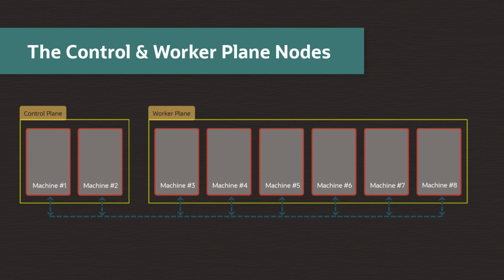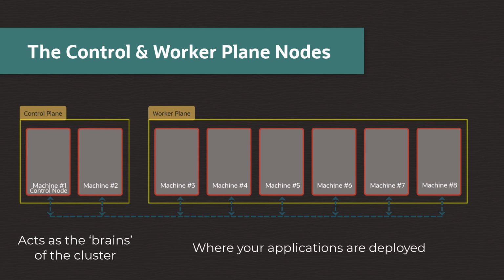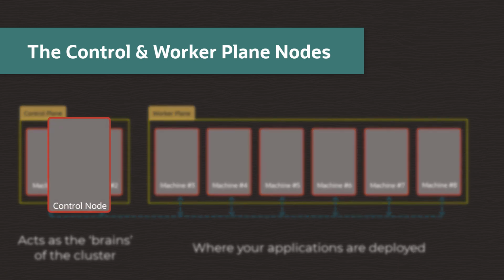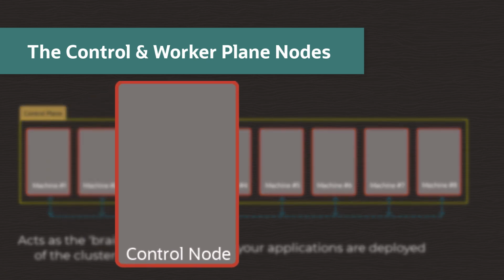Both of these planes combine to make a working Kubernetes cluster, but how do they achieve this? Well, the control plane acts like the cluster's brain and can be a single node or more usually a cluster itself. So let's look more closely at one of the control node's Kubernetes components. It has an API server which processes and validates RESTful requests and executes the operations.